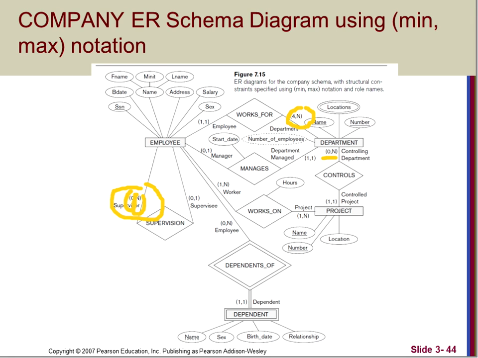Whenever you are accessing such data, you need to go to employee and count all the employees that belong to a specific department. So you can make such a derived attribute. So when you build a database, you can count. But the problem is you need to keep updating such information.